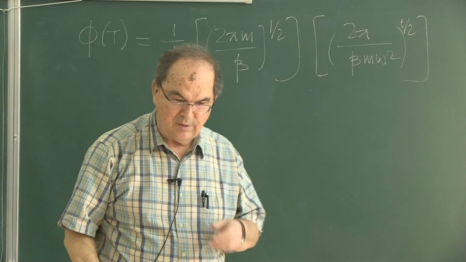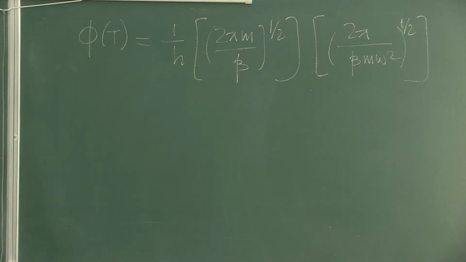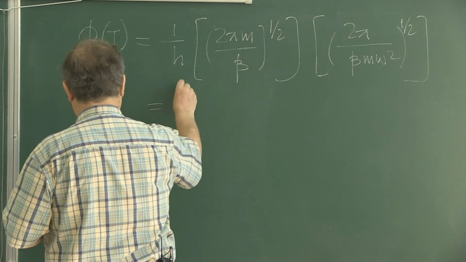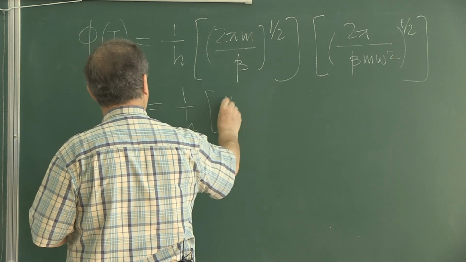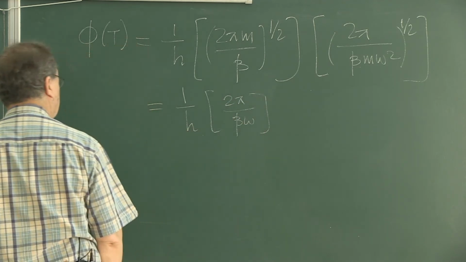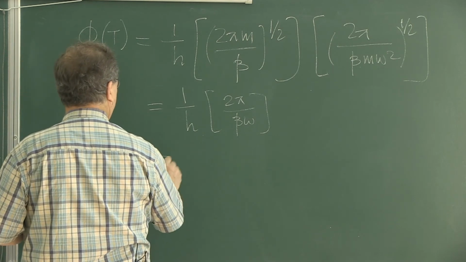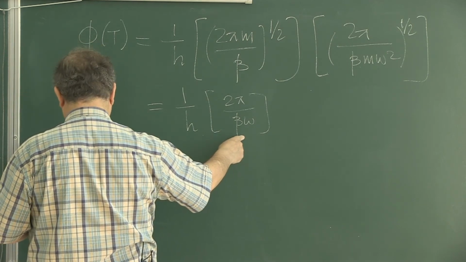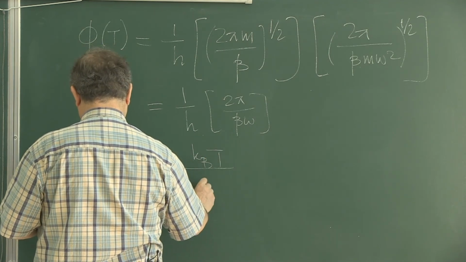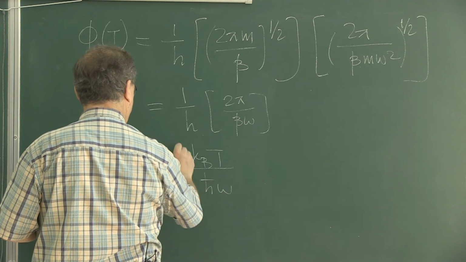I have done this calculation before when I did the same problem in the microcanonical case or canonical case. I'm just repeating it. 1/h, 2 pi over beta omega. So that is, our beta is 1/kBT, it goes up, kBT over h bar omega.